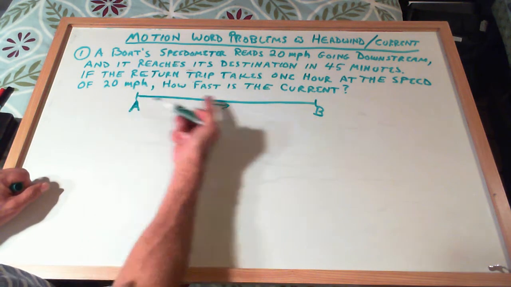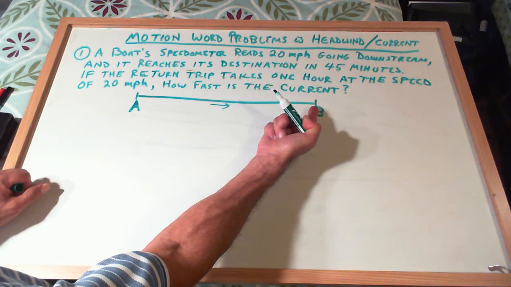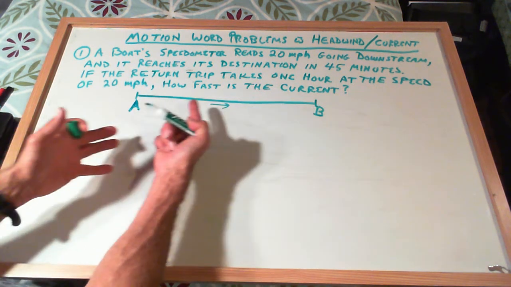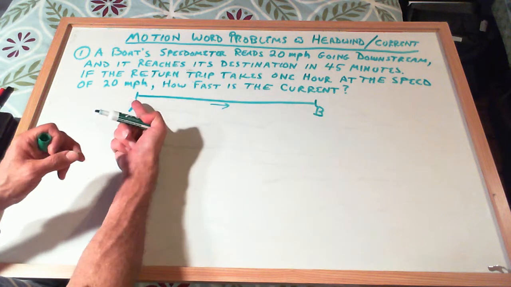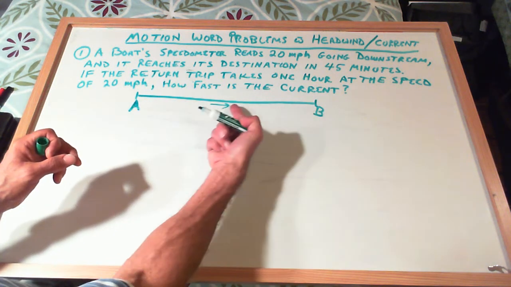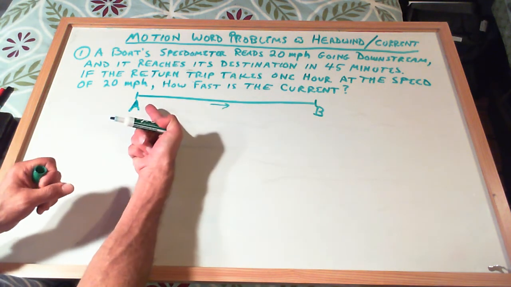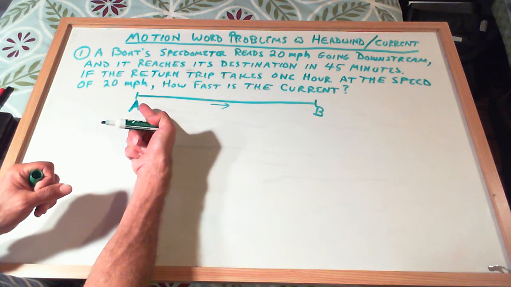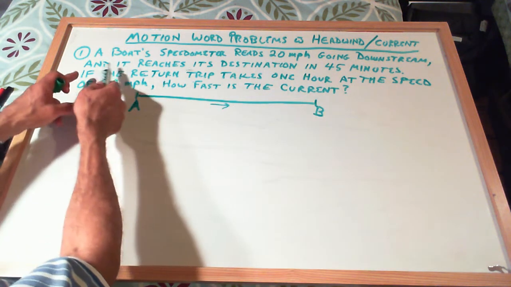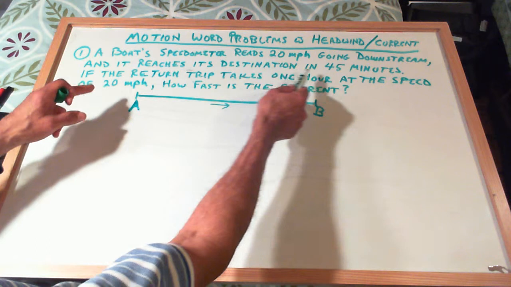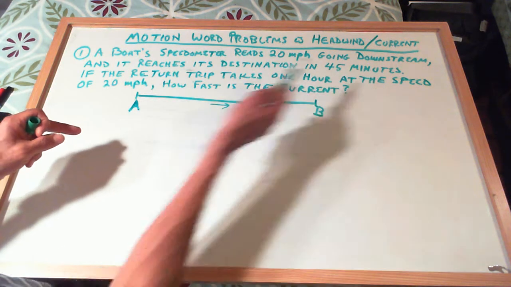So when he goes from A to B, he probably is going to go a little faster because the current is helping him move faster. Then when he turns around and goes from B to A, he's going against the current, so probably he's going to go a little slower. That's my guess. And sure enough, when he went from A to B, downstream, he reached his destination in 45 minutes.